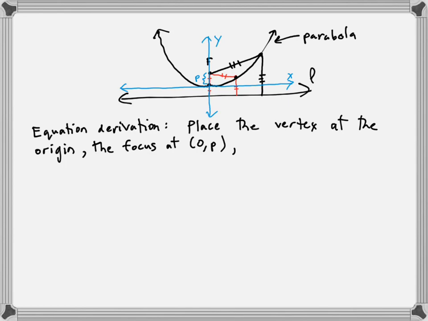And what about the directrix? Well, because this distance has to match, this is also p, and so the directrix has equation y equals negative p, right? Because every horizontal line has the equation y equals something, and we know that it intersects at negative p. Okay, so this is what we have at this point.